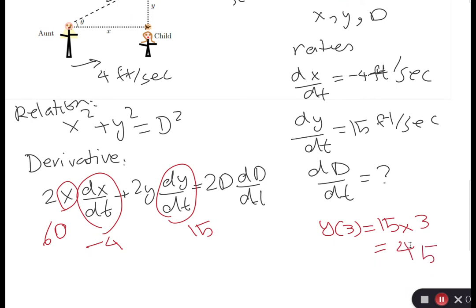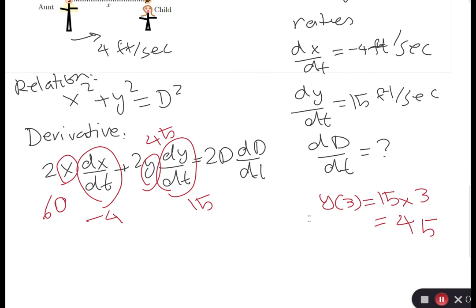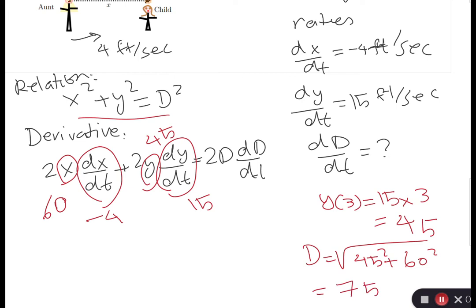And I have to compute d through the Pythagorean theorem, so I can use this one more time. d is going to be the square root of 45 to the power 2 plus 60 to the power 2. And so d is going to be 75 if you compute it.